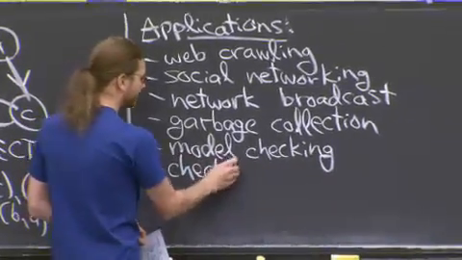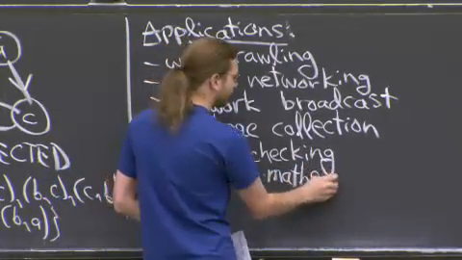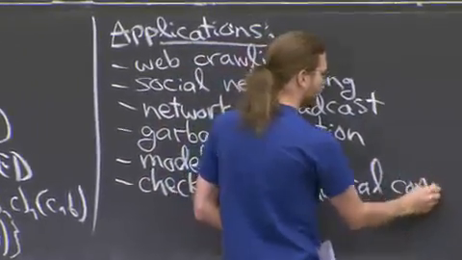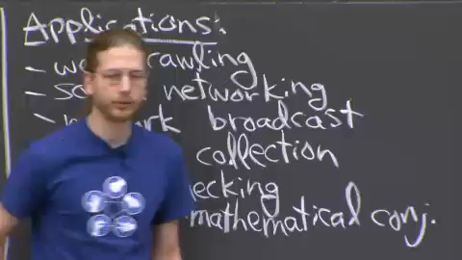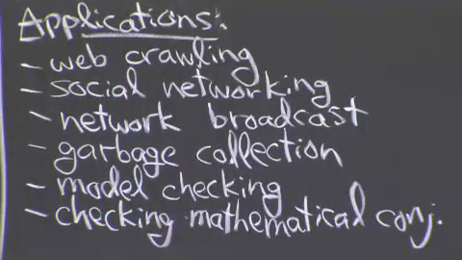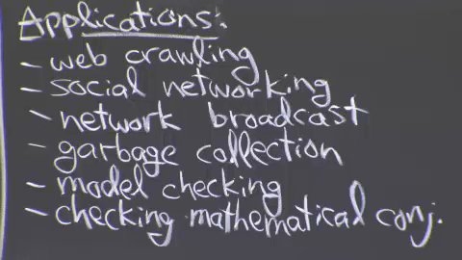I use breadth first search a lot myself to check mathematical conjectures. So if you're a mathematician and you think something is true, well, it's hard to give an example of that. But you can imagine some graph of all the possible inputs to that theorem, and you need to check them for every possible input.